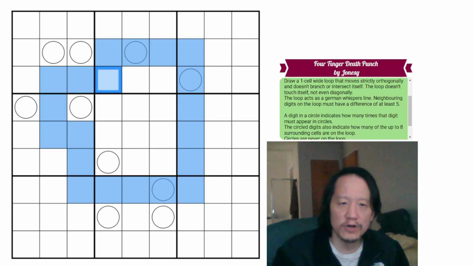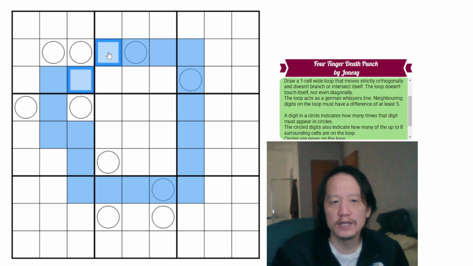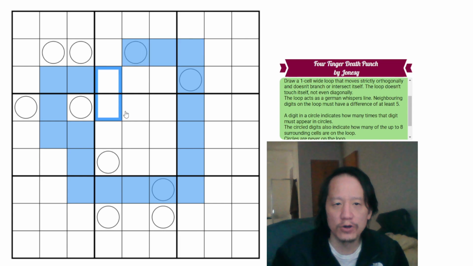An example of an invalid loop would be here, because we took out essentially one of the cells. Now it's not connected orthogonally to each other. These are connected diagonally, but unfortunately that's not sufficient. It has to be connected orthogonally. And another way that this loop could not work is say we went this way instead.